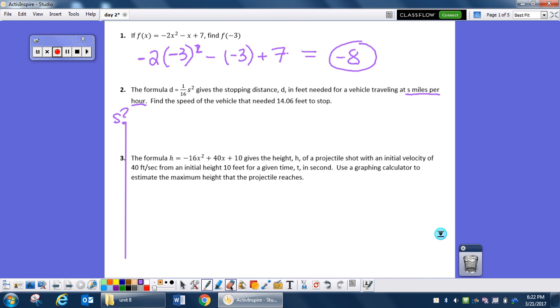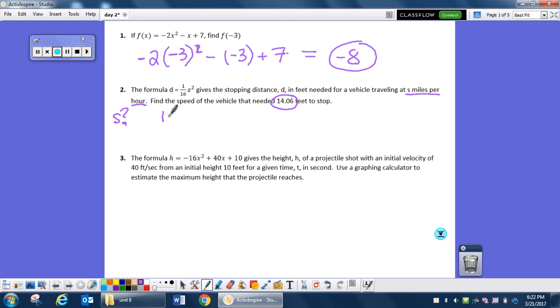They're finding the speed of the vehicle needed to stop 14.06 feet. Since d is in feet and they give us something in feet, they give us d.